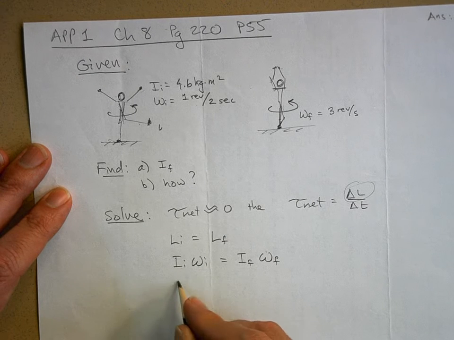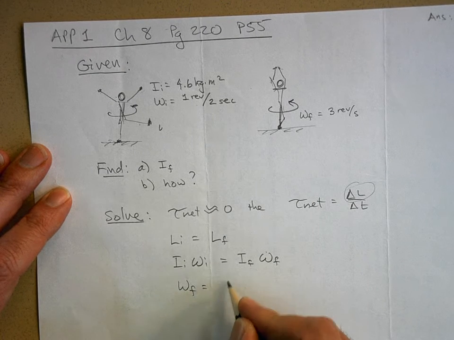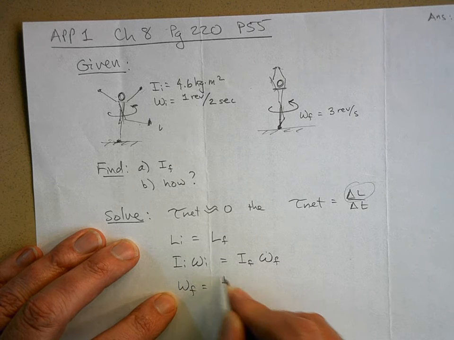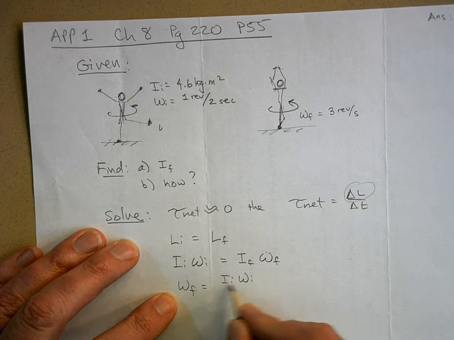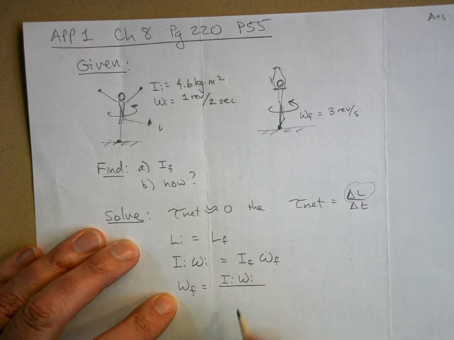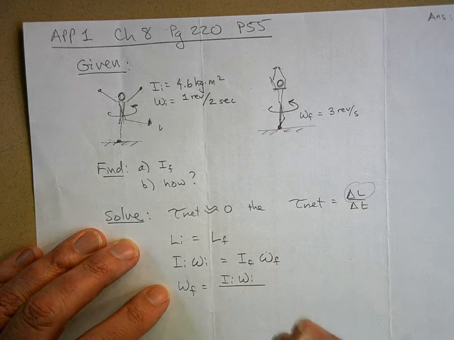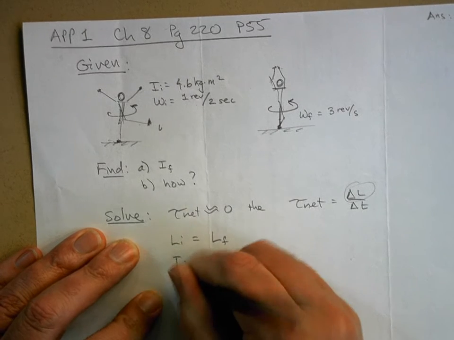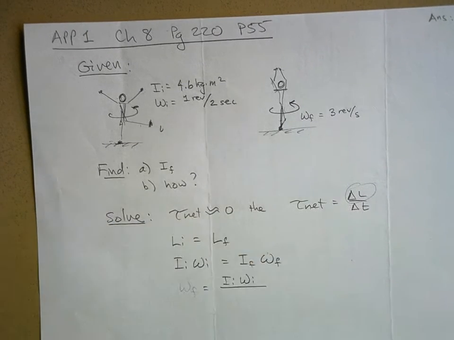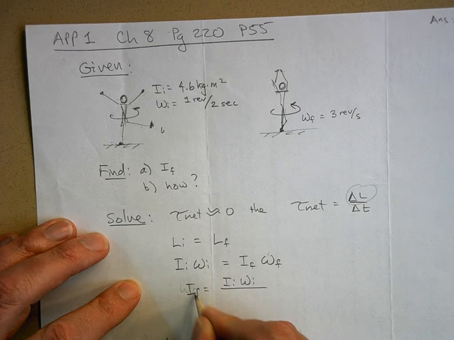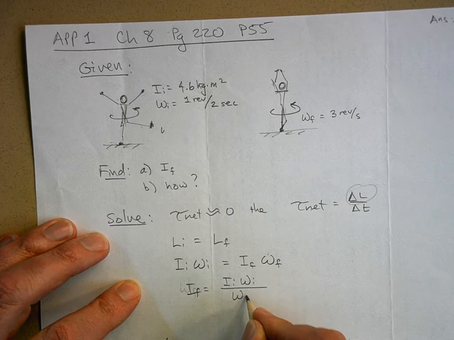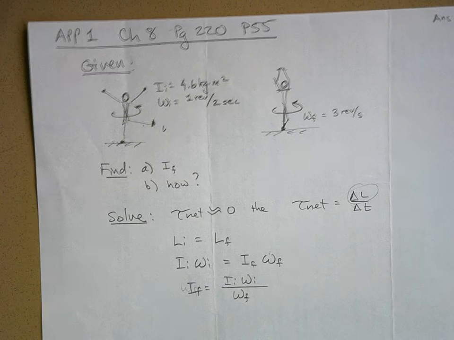We want the final rotational inertia, which is the initial rotational inertia times the initial angular velocity divided by the final angular velocity.